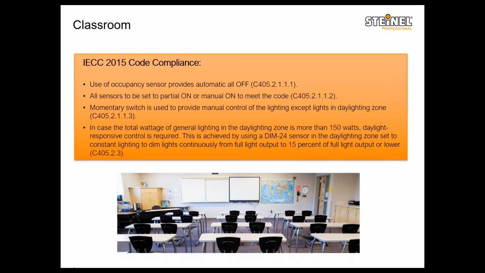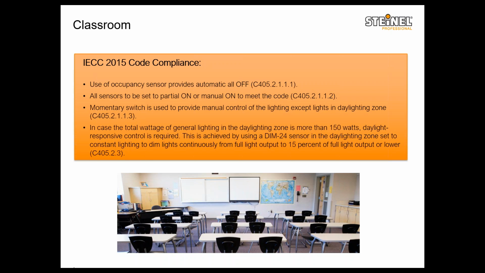And if the total wattage of light in the daylighting zone in the classroom exceeds 150 watts, we need to have a daylight responsive control as well. This daylight responsive control is achieved by using a DIM-24 type of sensor from Steinel.